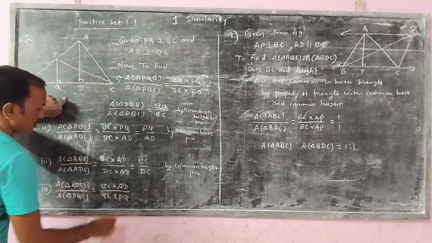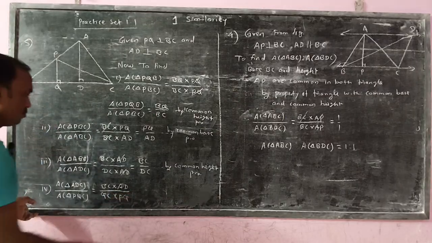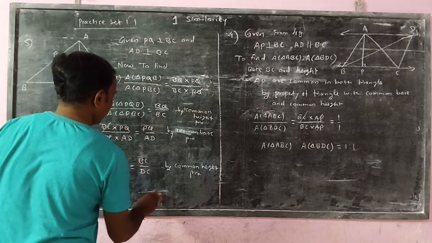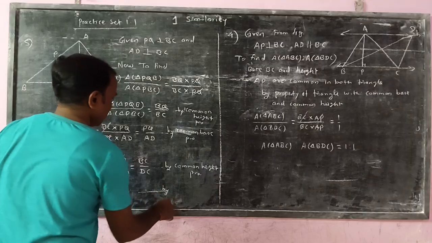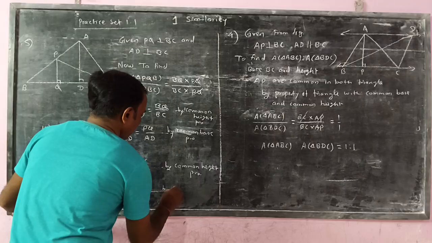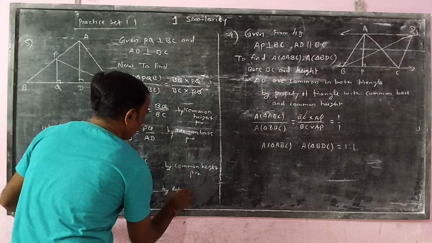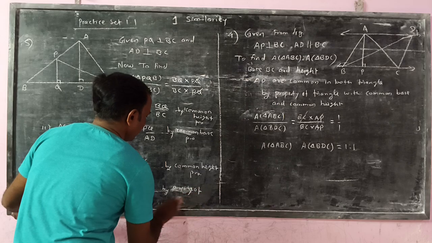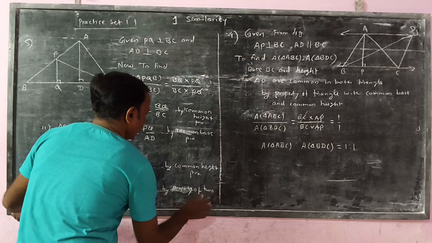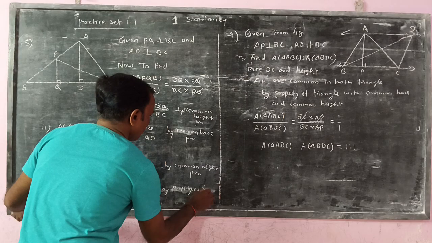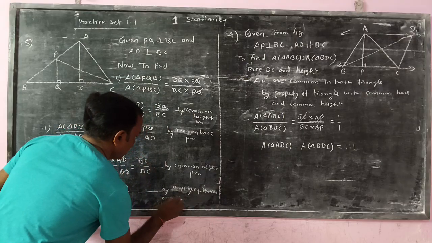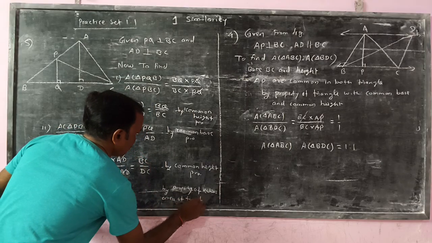Both the height and base are different. Therefore, their ratios are as they are. This is the final answer of the problem by the property of ratio of areas of two triangles.